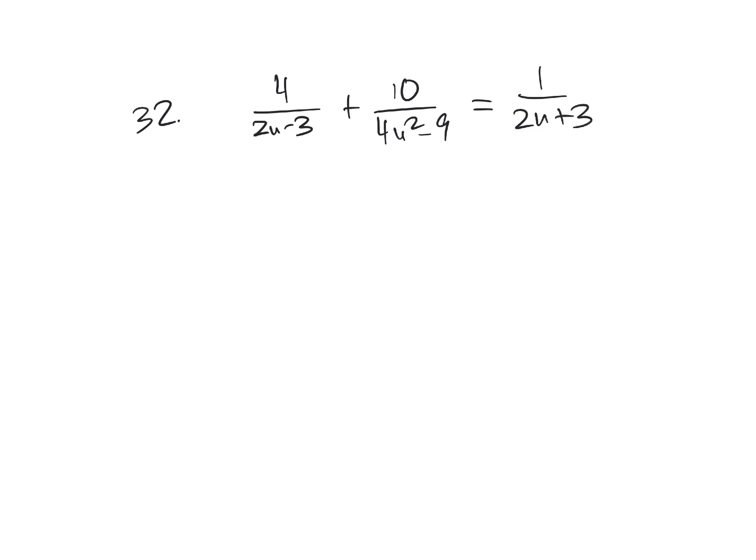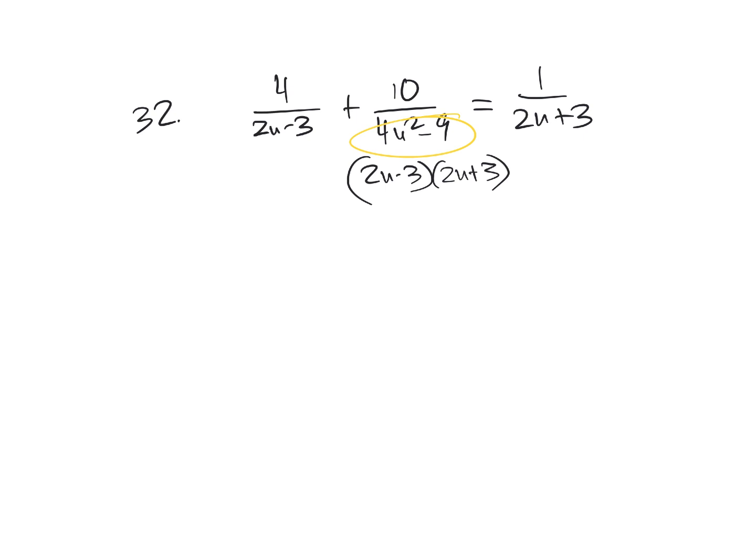Okay, so I need a common denominator to add fractions together. So this is the difference of squares here. So we're going to change that to 2u minus 3 and 2u plus 3, because when you add fractions, you need common denominators, common factors.